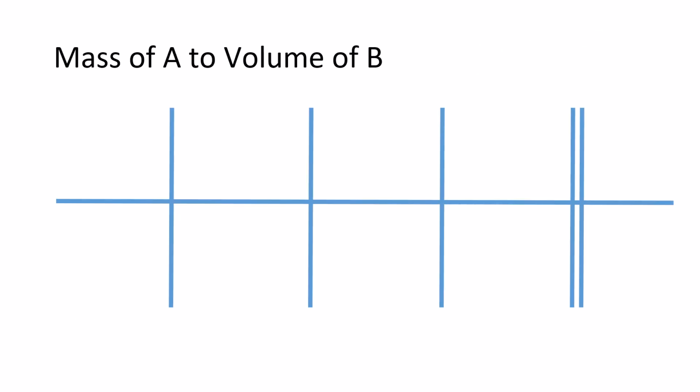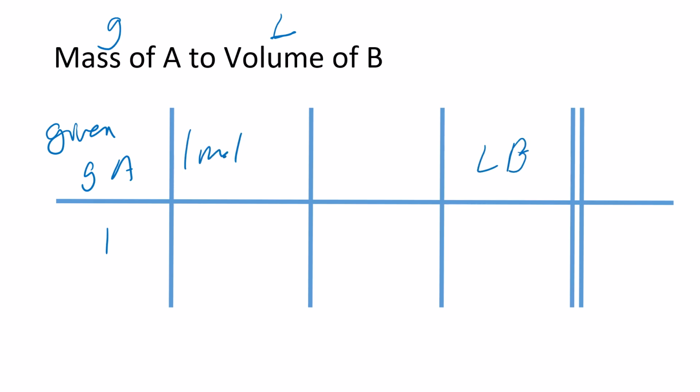So if you're converting mass, so grams of A to liters of B, whatever your given is, grams of A over 1, you're going to convert over to liters of B eventually.